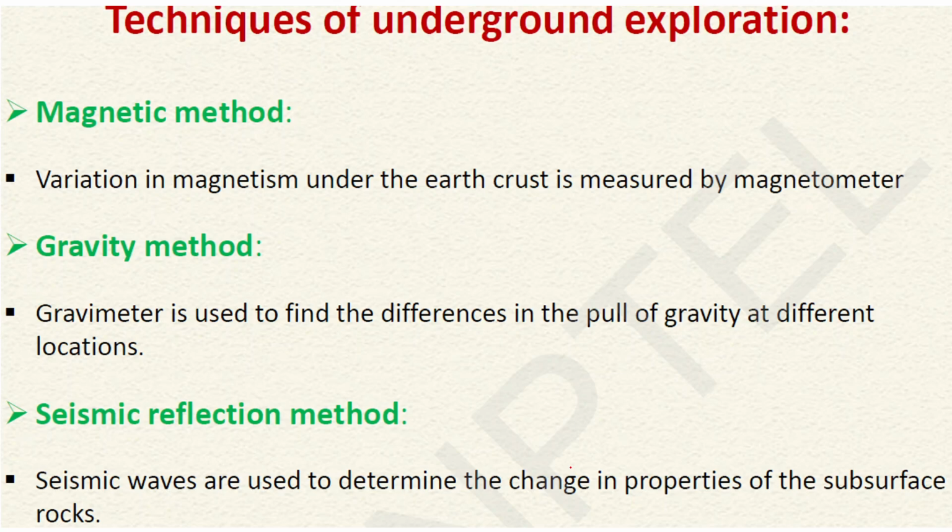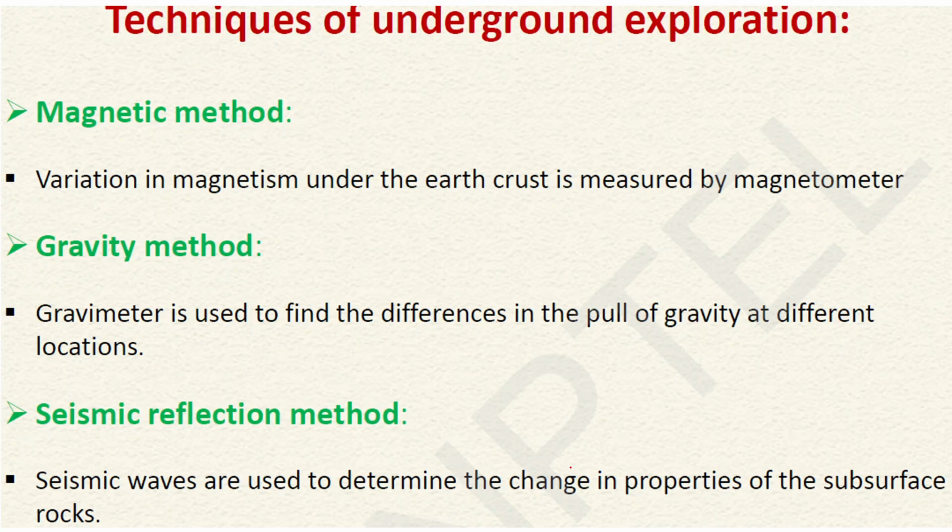And then the third method is the seismic reflection method. In this, seismic waves are used to determine the change in property of the subsurface rocks. We provide sound waves from the Earth's surface, either by explosion or by some kind of thrust. We send sound waves deep inside the Earth, and if petroleum is present, due to the density difference, they send back a signal.